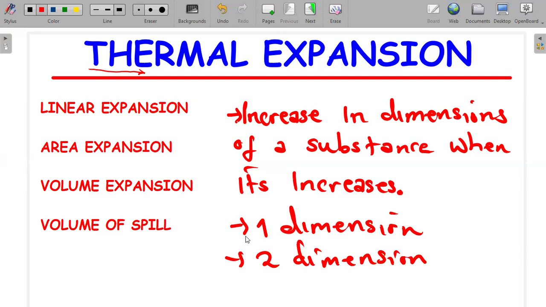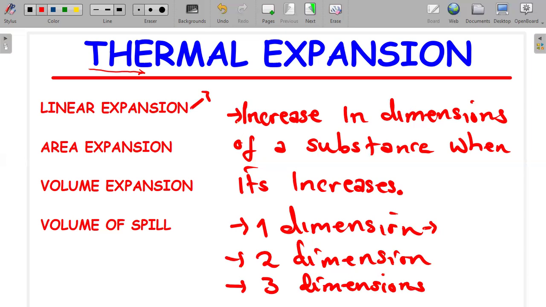In three dimensions. And when it takes place in one dimension, we call it linear expansion, which means the expansion is only taking place in one direction.